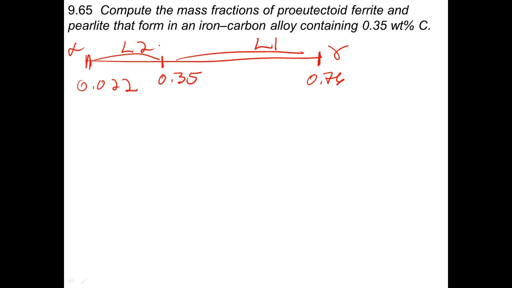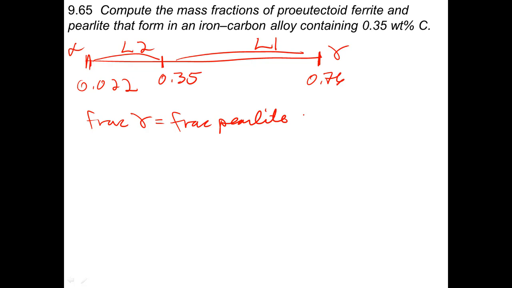So I've shown that tie line that exists just above that eutectoid temperature, and it's bounded on the right by austenite, bounded on the left by ferrite. Once again, recognizing that austenite will completely transform to perlite.